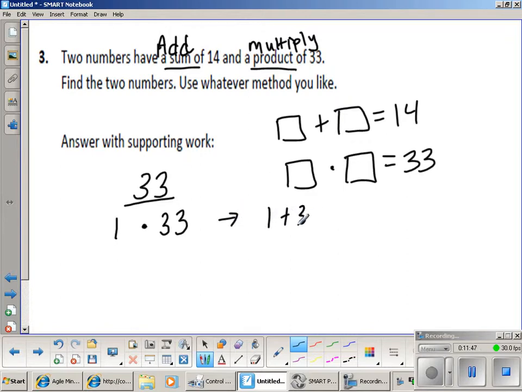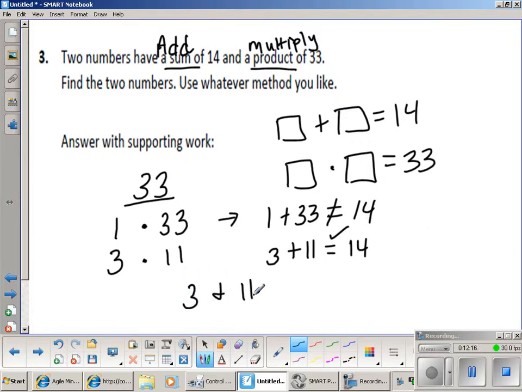Okay, can I multiply 2 by anything and get 33? No. What about 3? Yeah, 3 times 11 is definitely 33. Liking it. What about 3 plus 11? Do I get 14? Bingo. I do. I think I just found my two numbers. 3 and 11.